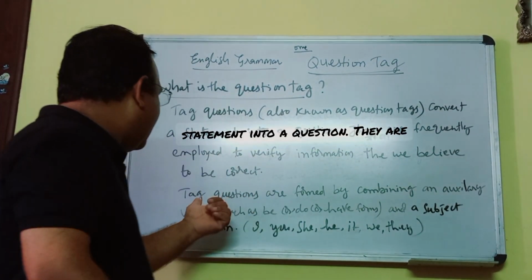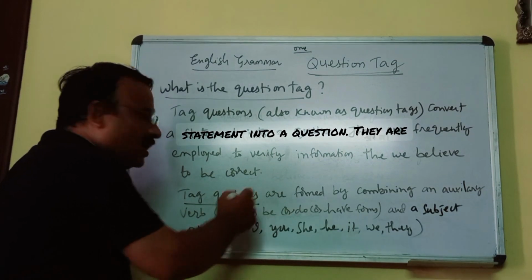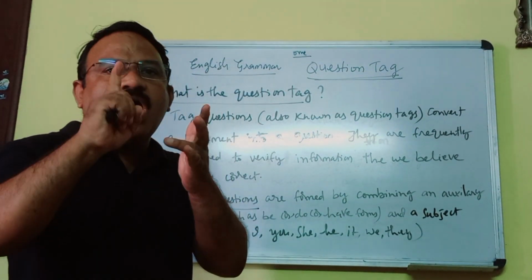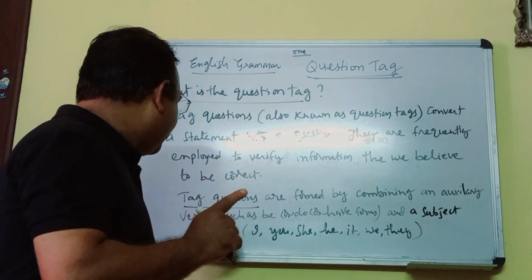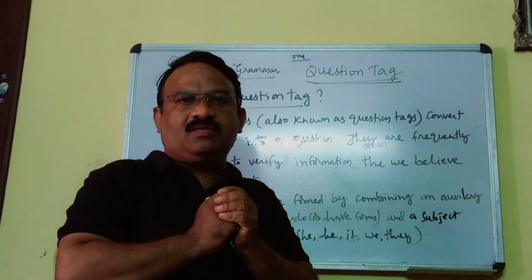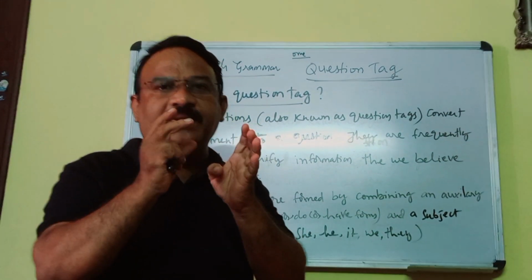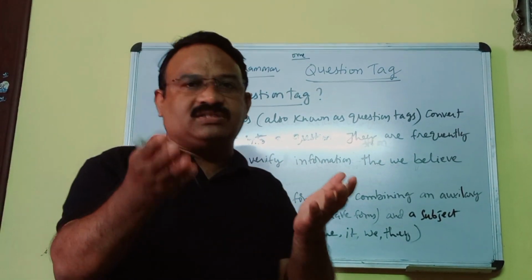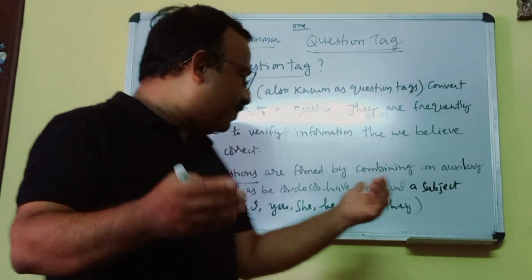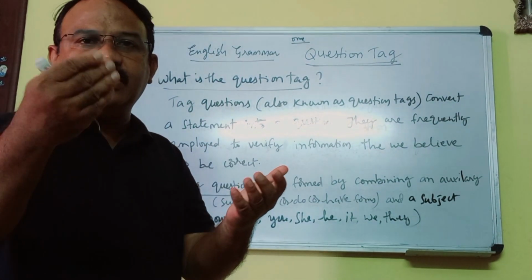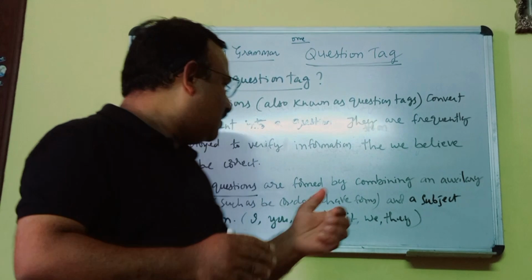And here, tag questions are question tags formed by combining an auxiliary verb. Auxiliary verbs means helping verbs. That is including modal auxiliaries. Okay, be forms, do forms, have forms, and modal auxiliaries also.